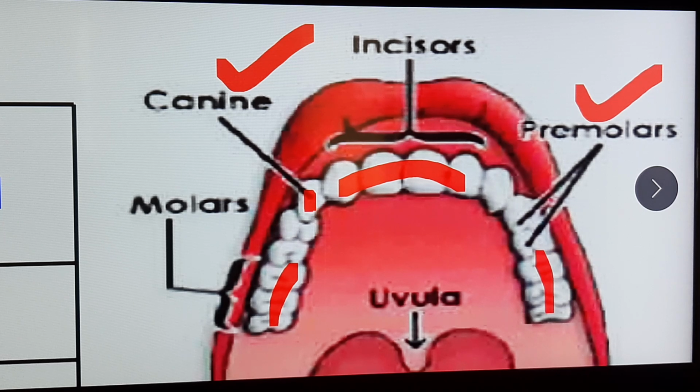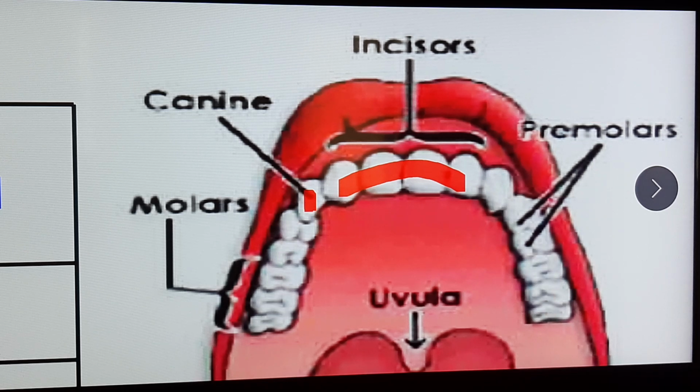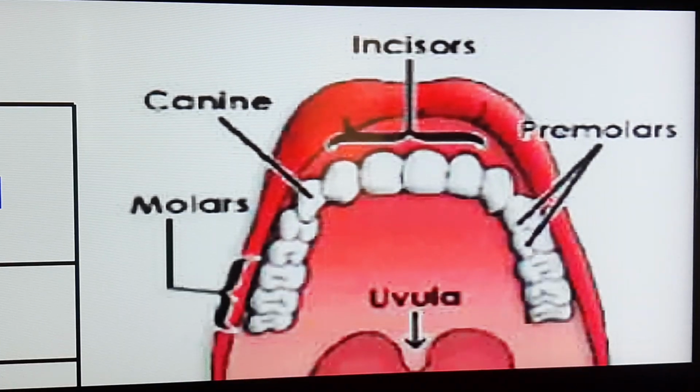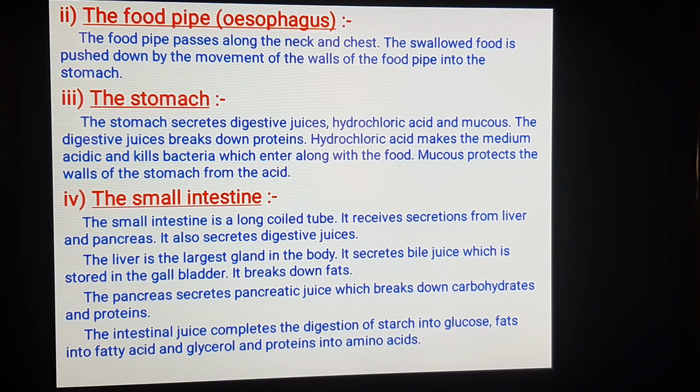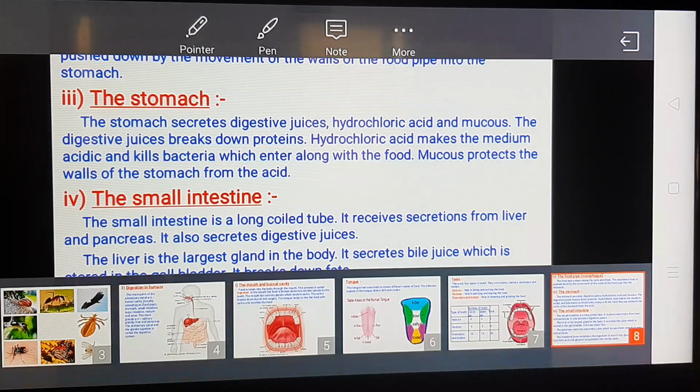In this way the structure of teeth is present. Here you can understand how many incisors, canines, premolars and molars there are, and how we use all of them to grind, chew and bite the food. This is the most important. Now after the teeth, the next point we will learn is the food pipe.